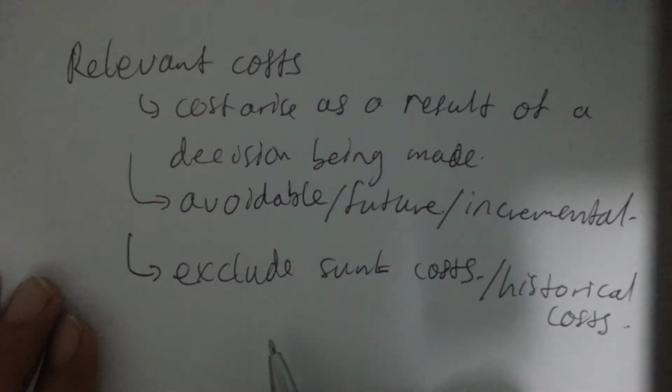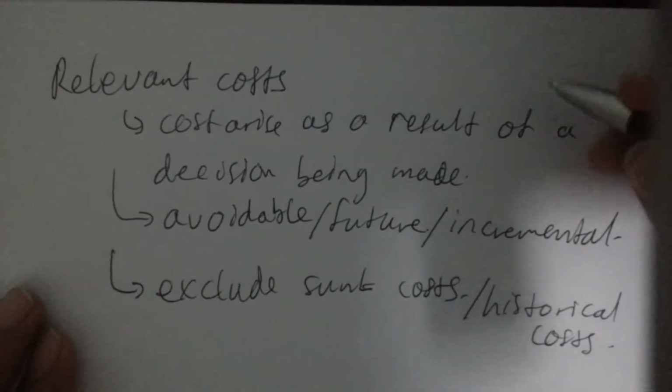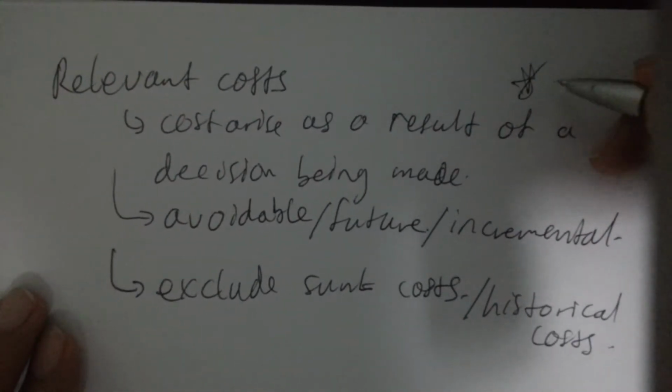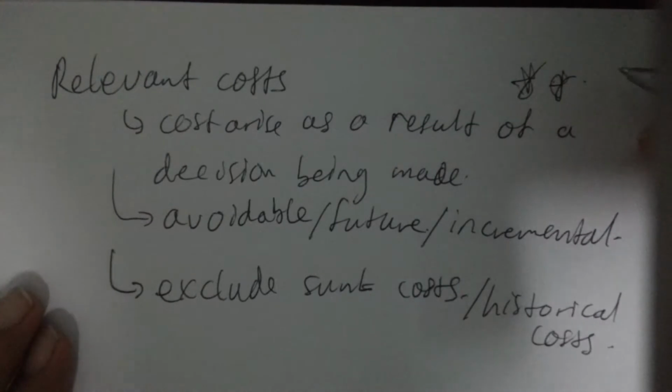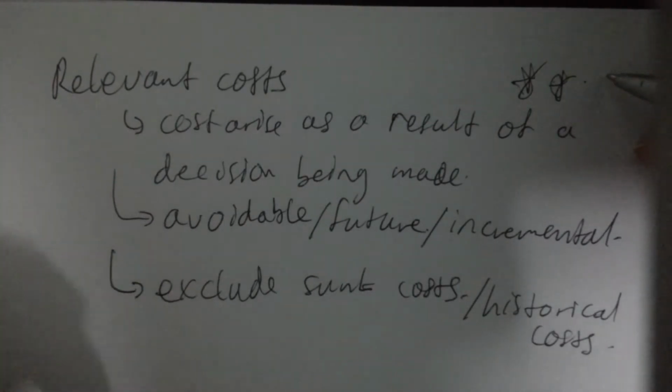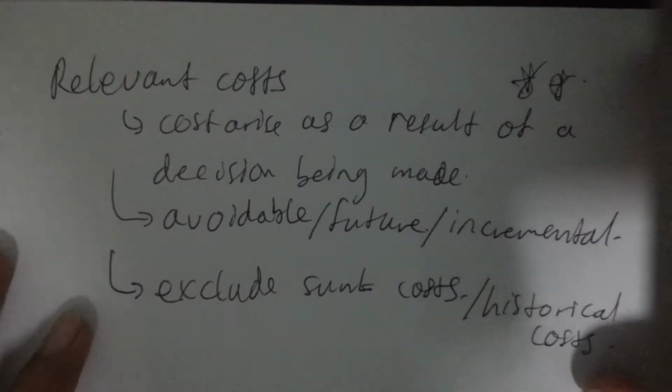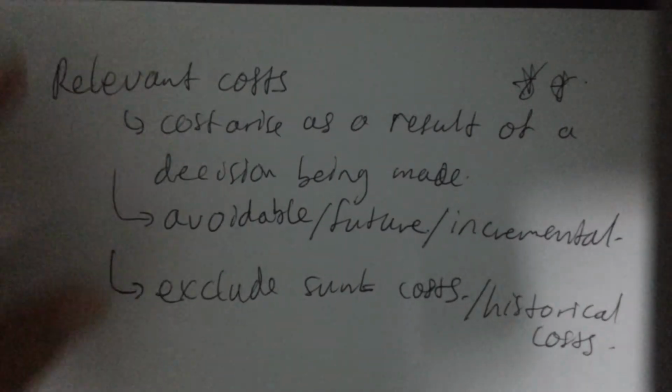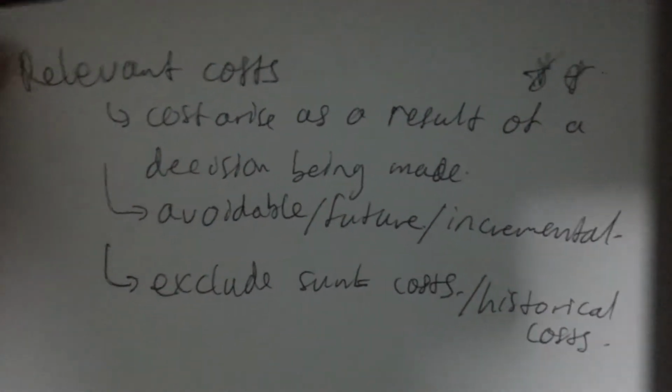Got it? I'd also like to mention that in past year exams, there were cases where the examiner asked what is relevant cost. So please make sure that you know how to explain this. Very important.